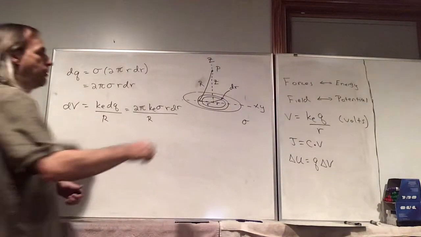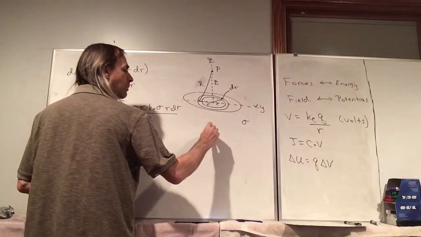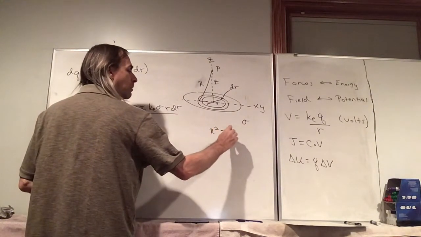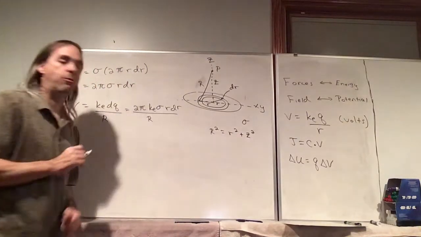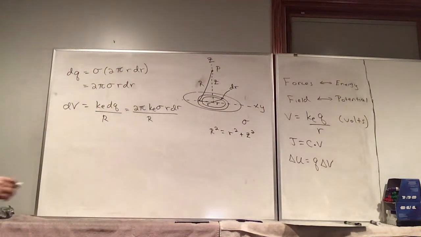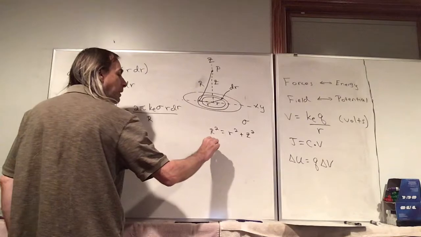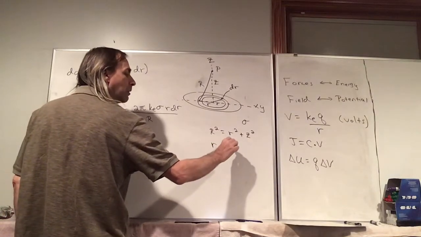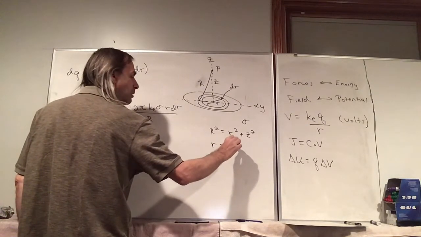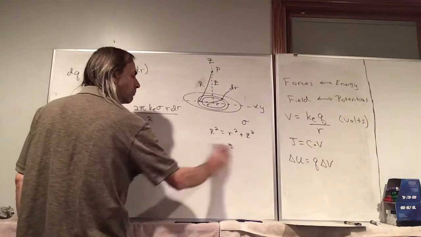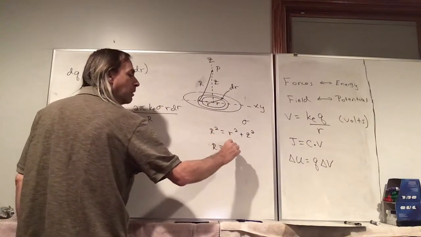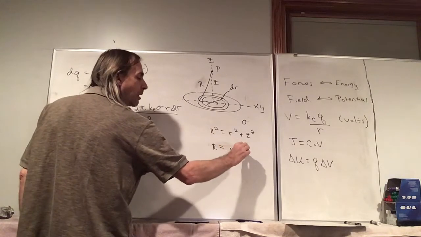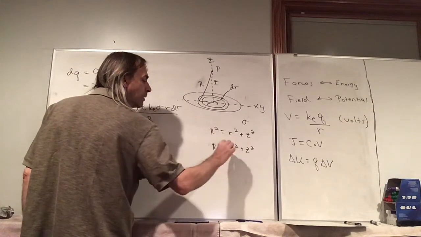Now, capital R squared is little r squared plus z squared, where z is a constant. Now let's take the square root. Big R is the square root of little r squared plus z squared.